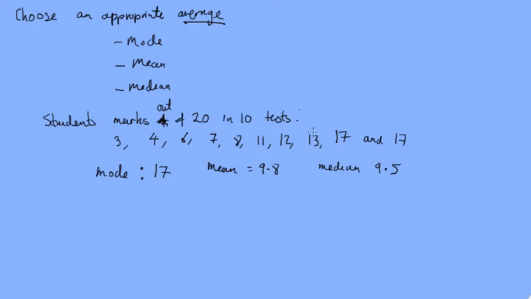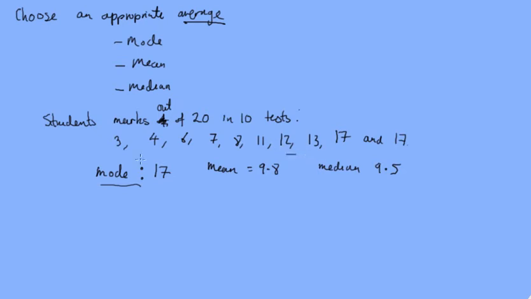Now, if the student wants to impress their friends or parents, they're most likely to use the mode. But that is not a very accurate representation of how badly the student has done. And by using the mode, you could argue the student is being devious. So using either the mean or the median would be a better average for the student to choose.